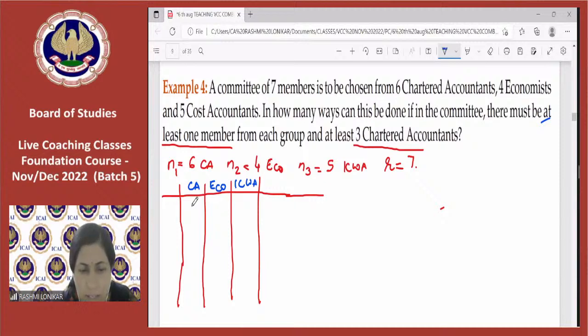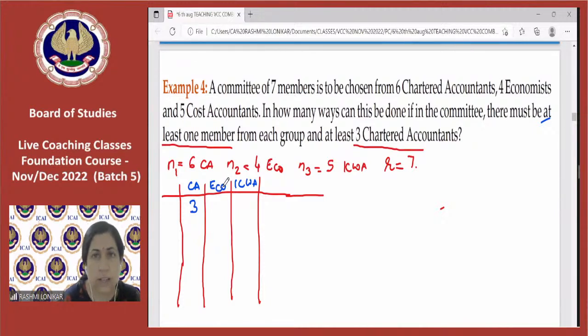That I take 3 because at least 3 CA, so I take 3 and then if I take 3, what can I have? I can have 4 economists. No, because I should have at least 1 ICWA and at least 1 economist. So because I need 7 minus 3, 3 already I have CAs, so remaining how much? 4. So out of that, I can take 3 economists and 1 ICWA.